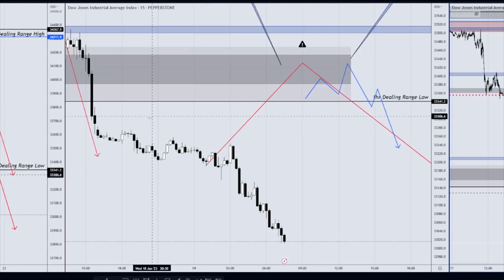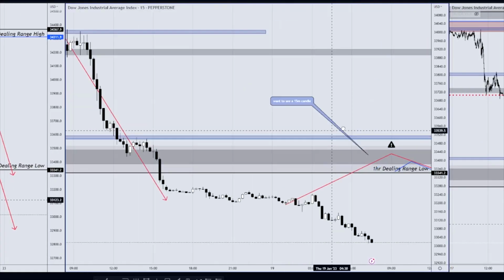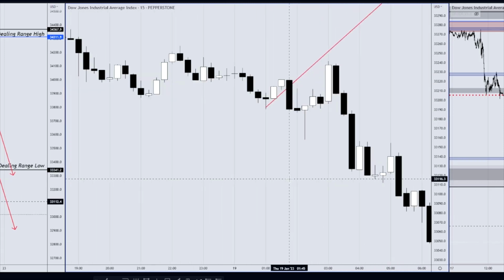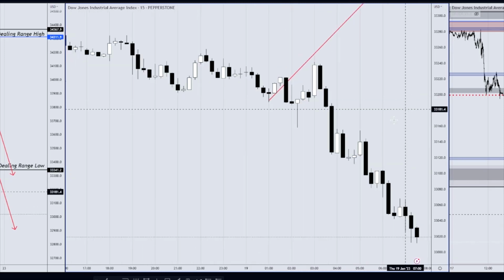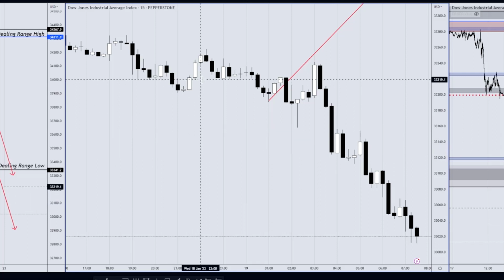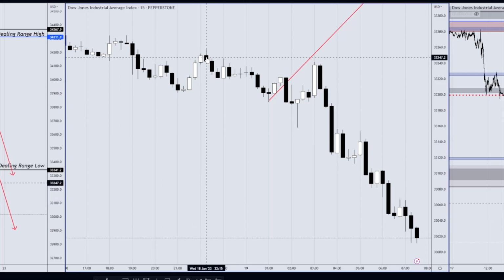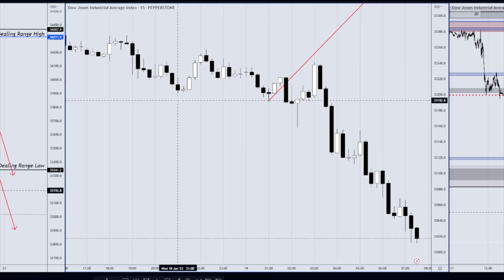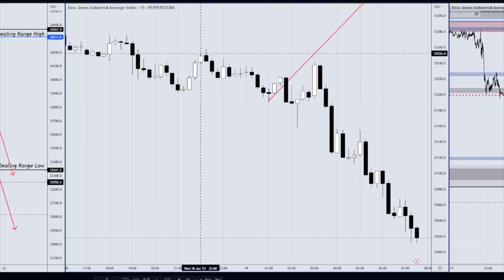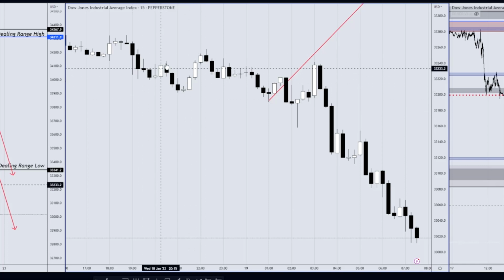Around, I'd say, let's have a look. Where are we? So around 10 o'clock last night, and that's New York time, we do have a small fractal here. This is a market maker buy model.